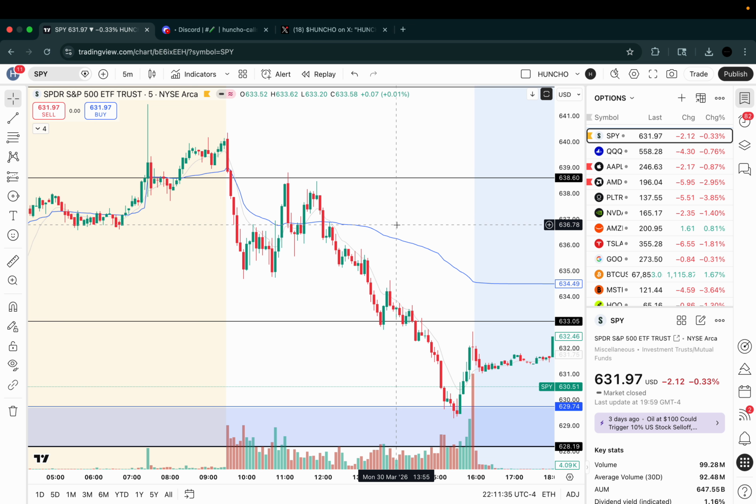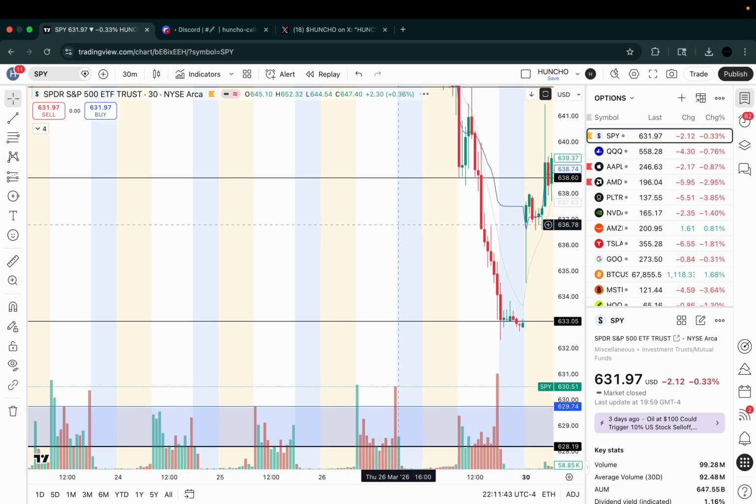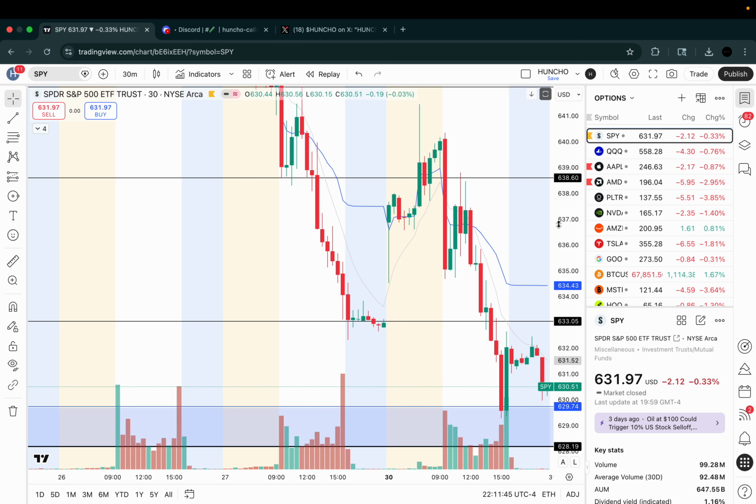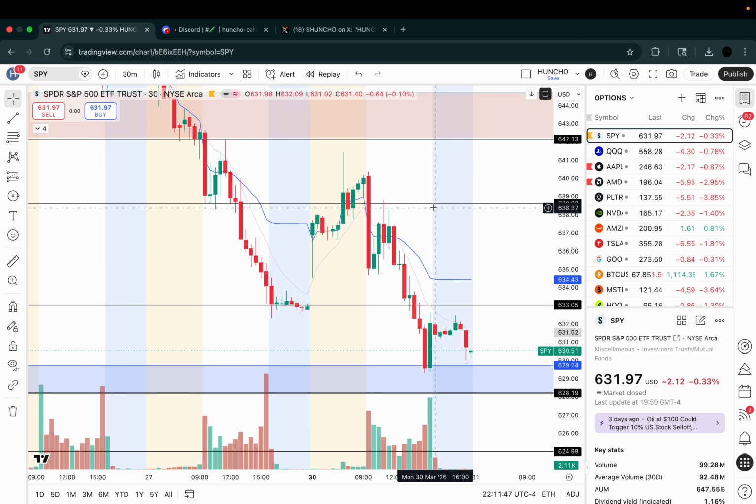So first things first, I spend quality time just looking at levels of interest. I use the 30 minute, right? And I just look at areas of interest. As you can see right here would be a key pivot. This could be an area of interest as well, around 640.